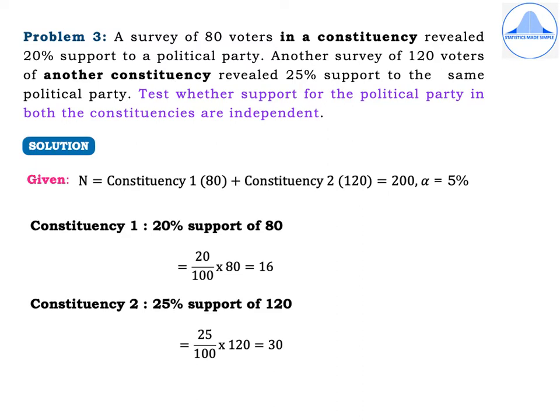Similarly, in the second constituency, there is 25% support to the same political party out of 120 voters. So we have to find out 25% support of 120, which is 25 divided by 100 into 120, which is equal to 30. So this calculation is required to form the table.